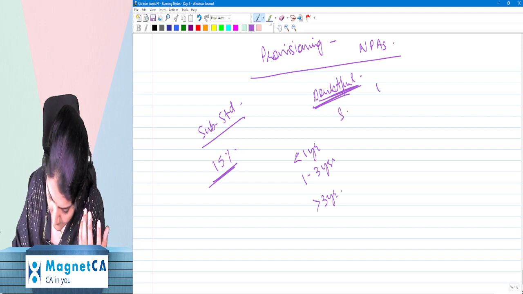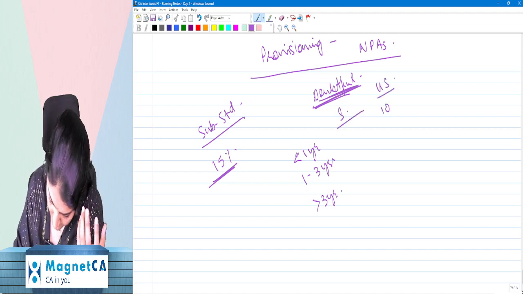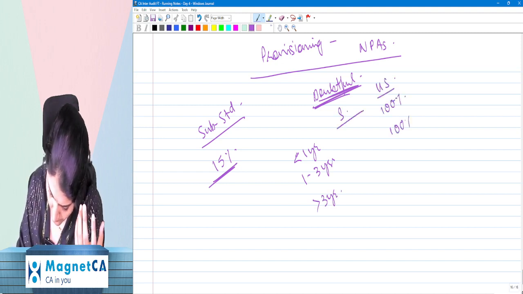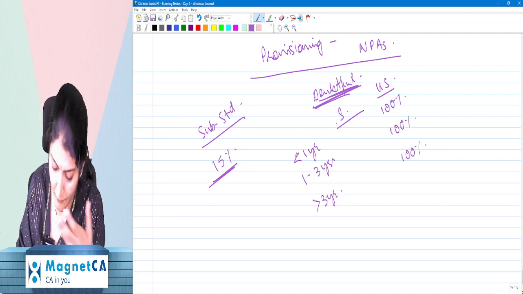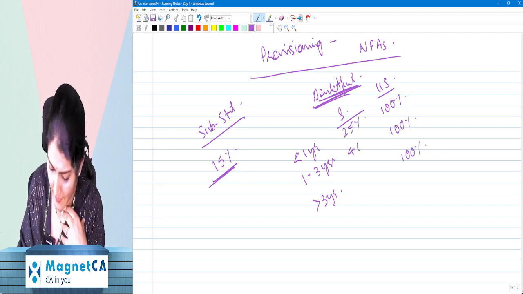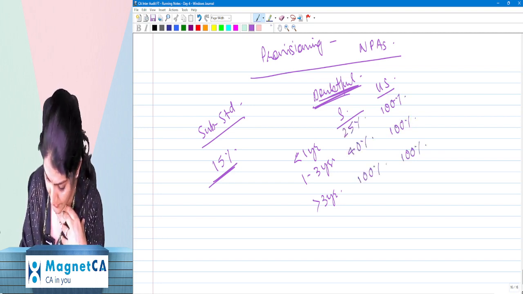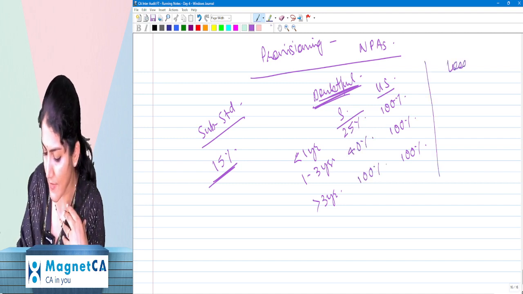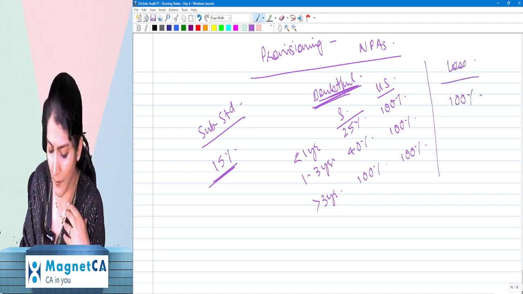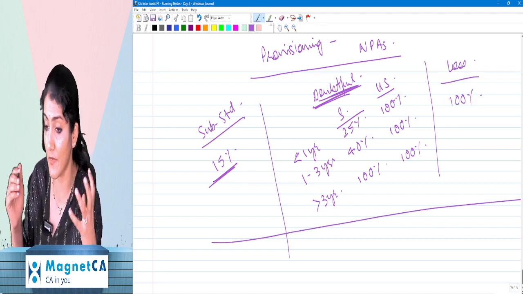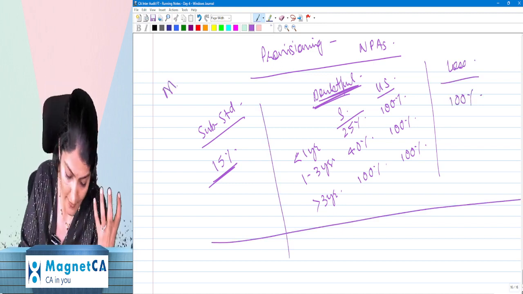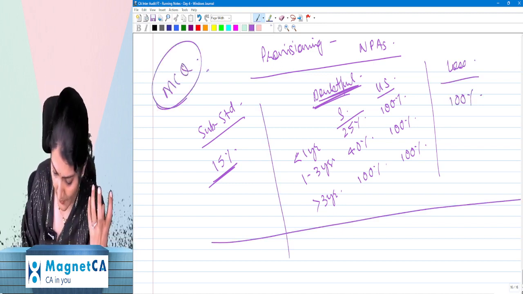And then whether it is secured or unsecured. If it is unsecured, anyways, it is always 100%. And for the secured, first year 25, then 40, then 100%. And for the loss asset, how much provision is required? 100% provision is required for the loss asset. So this is again important from the viewpoint of the MCQ.